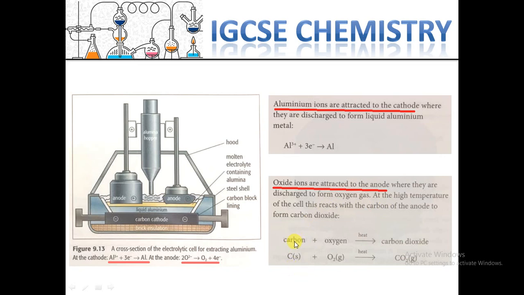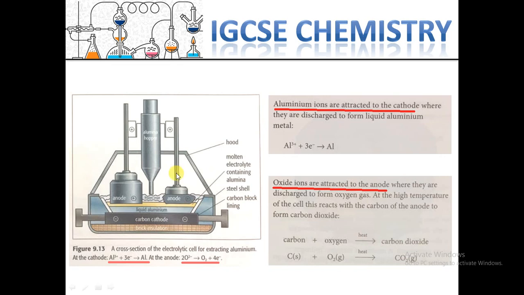And then there is carbon; as I said, graphite is used in the anode. Graphite is actually pure carbon, but it's very soft. On the other side, there is another form of carbon, which is diamond. Diamond is a very hard form of carbon. Both are made of carbon.